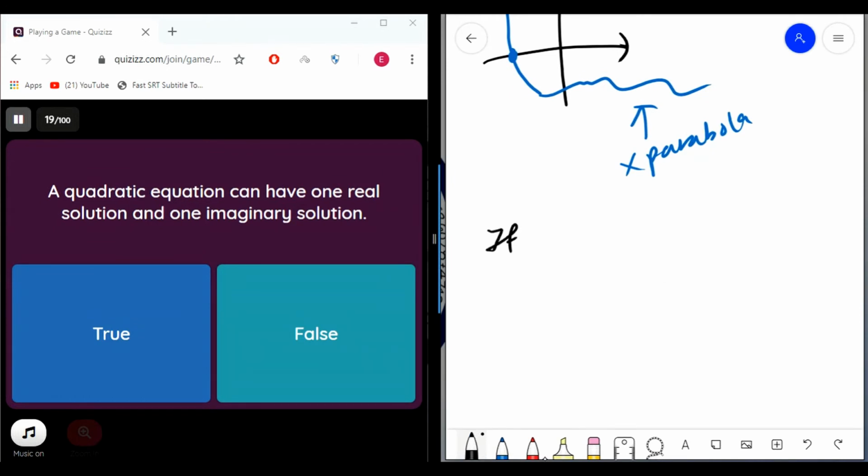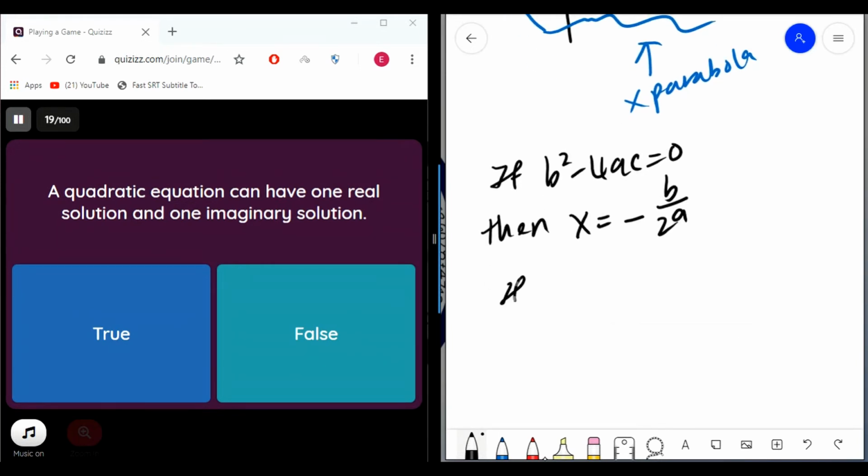Okay? If b squared minus 4ac equals 0, then x will be equal to negative b over 2a. So there is only one real root, or two equal roots, whatever. If b squared minus 4ac is greater than 0, when we take the square root of b squared minus 4ac, it will be a real number. Both of them will be real numbers.